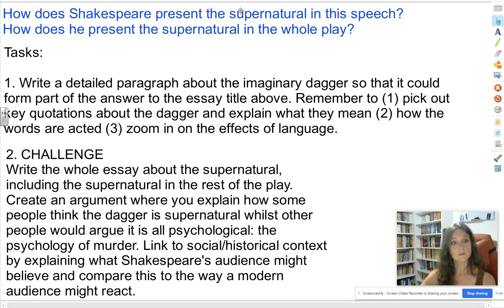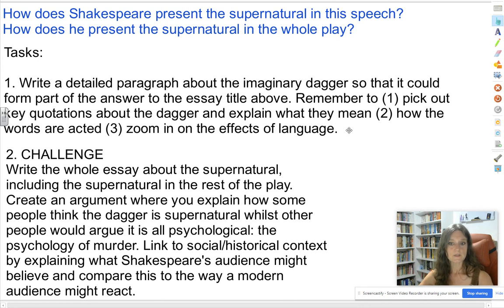So we're going to focus on this question. How does Shakespeare present the supernatural in this speech? How does he present the supernatural in the whole play? The slightly quicker option is to just focus on the imaginary dagger. So write a detailed paragraph about the imaginary dagger, so it could form part of the answer to this essay title up here.